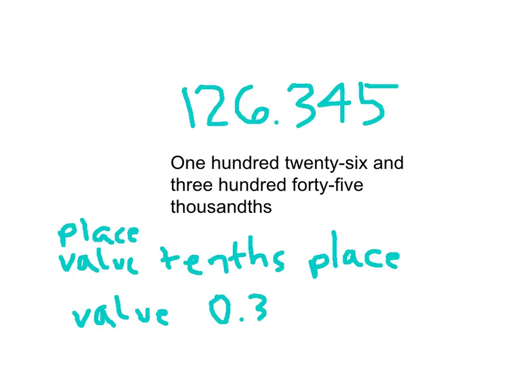A lot of students will want to say, oh, it's the 3/10 place. Or they would want to say, oh, this is the 20s place. There's no such thing. This is ones, tens, hundreds, tenths, hundredths, thousandths.